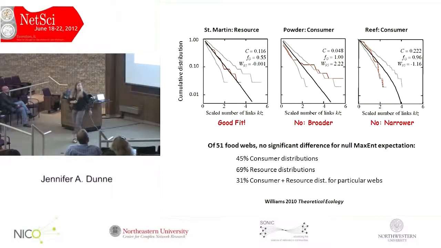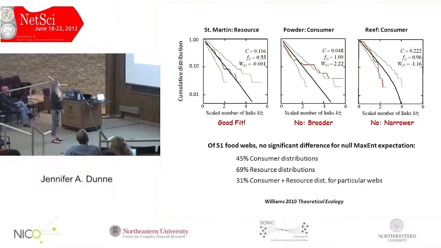This shows Rich and his colleague looked at 51 food webs, generation 1 and 2 food webs. This shows the cumulative distribution as a function of links per species.